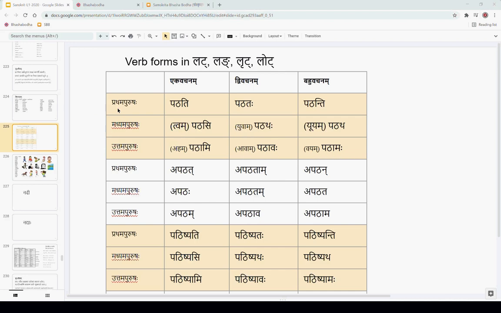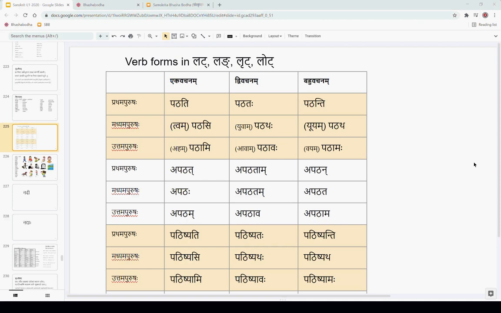And does the verb have a lingam, a gender? No. Verb doesn't have a gender. It is for any gender. It means the action could be performed by a word which could be in any gender.